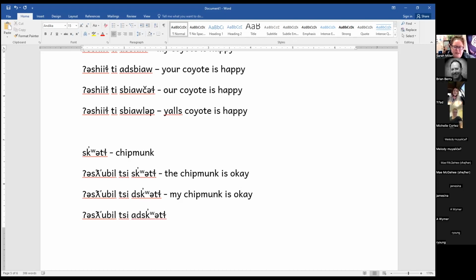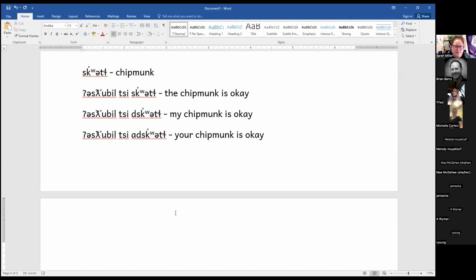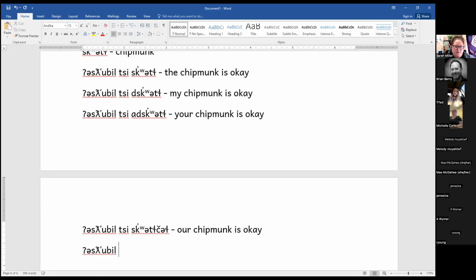Uskobial sod squat, your chipmunk. Uskobial C squat, our chipmunk. Uskobial C squat, foxes chipmunk.